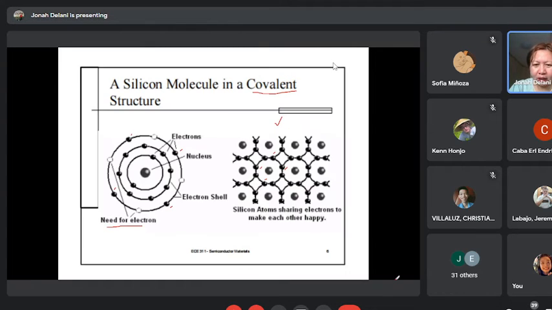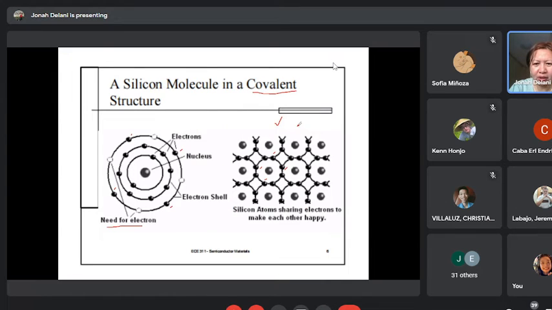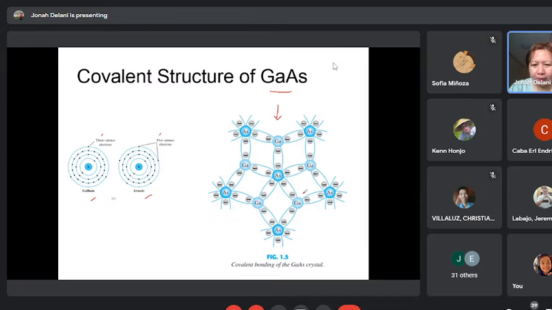And the material, we call it a crystal. This is a silicon crystal. This one is also called a crystal.